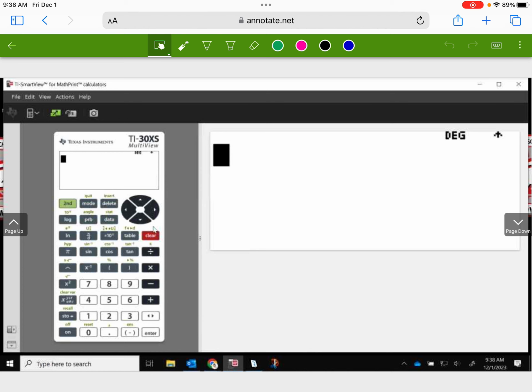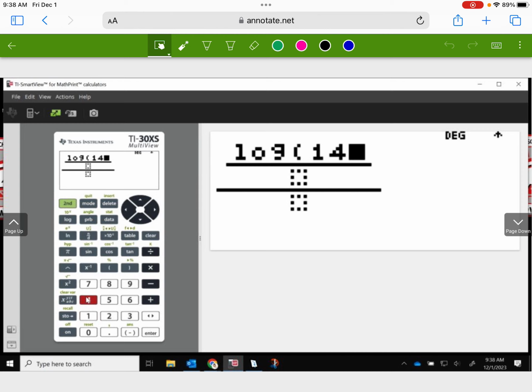If you're using one of my lovely yellow calculators, it has one of my most favorite buttons in the entire world. Second column, third button down, makes a fraction. And it looks like a fraction. But I needed a fraction in my numerator, so I can actually hit that button again. And we can put in log of 14 over log, oh, nope, make the same choice each time.